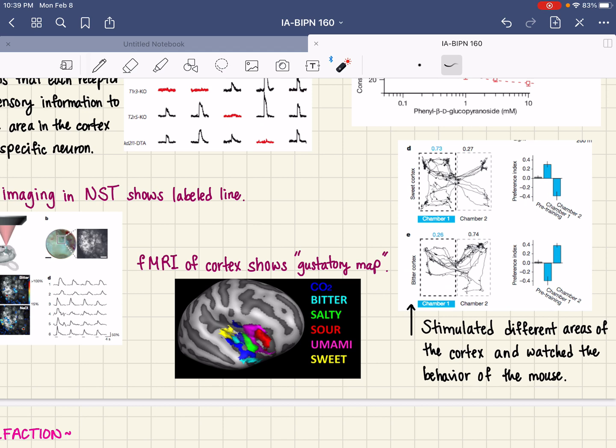And if you inhibit that and the function stops, then you can say, yes, this area of the brain is required for this specific function. If you inhibit the area and the function keeps on going, so the function does not change, then you can safely say that this area is not required for the function. Okay, so that's the required experimental thinking that you can use.